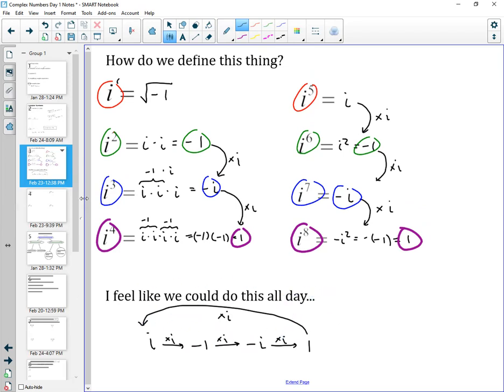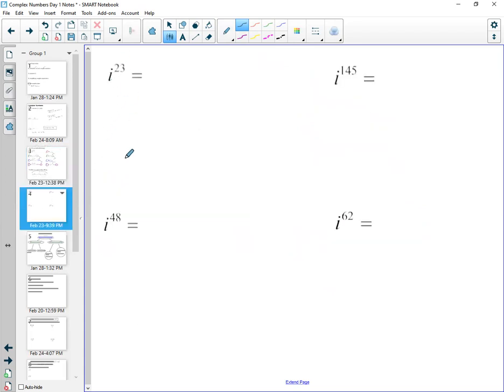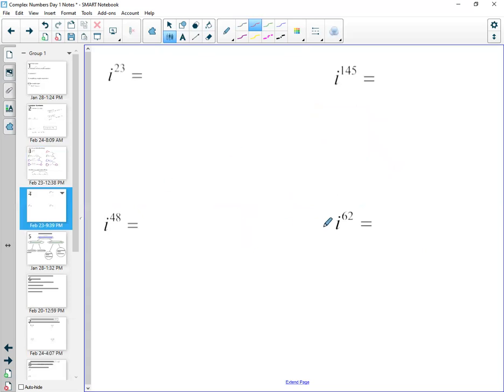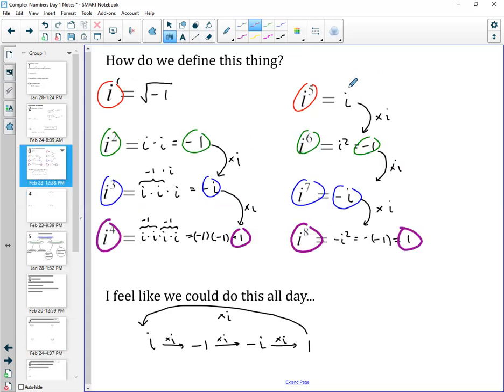So one of the tricks in this unit is, given a big power of i, can you tell me what it equals? It's got to be one of these 4 things because we just see this as a circle. These 4 questions here, which are big powers of i, there's only 4 possible answers: i, -1, -i, or +1.